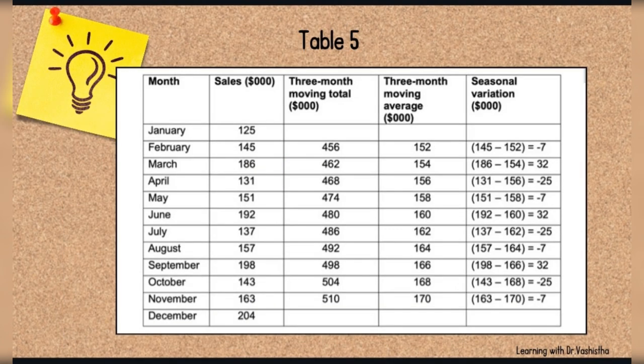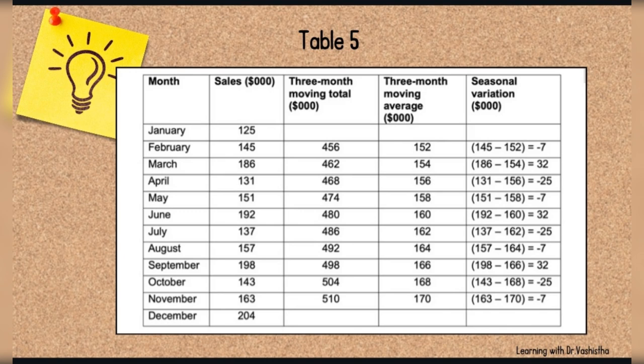Using the additive model, in table number 5, if we observe, we can see that every first month has a variation of -7. That suggests that this month is usually $7,000 below the average. Every second month has a variation of +32, suggesting that this month is usually $32,000 above the average.